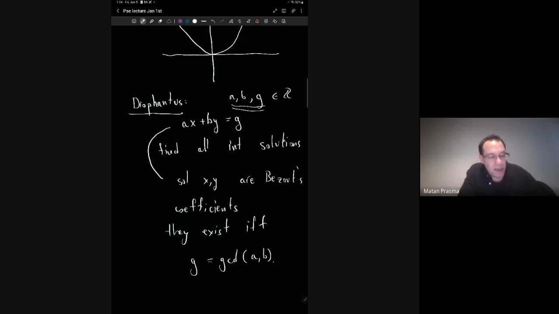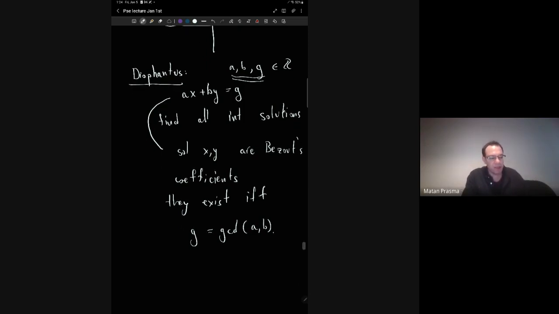So this is solutions for a polynomial in two variables of degree 1. And the next thing to look at is polynomials in two variables of degree 2.